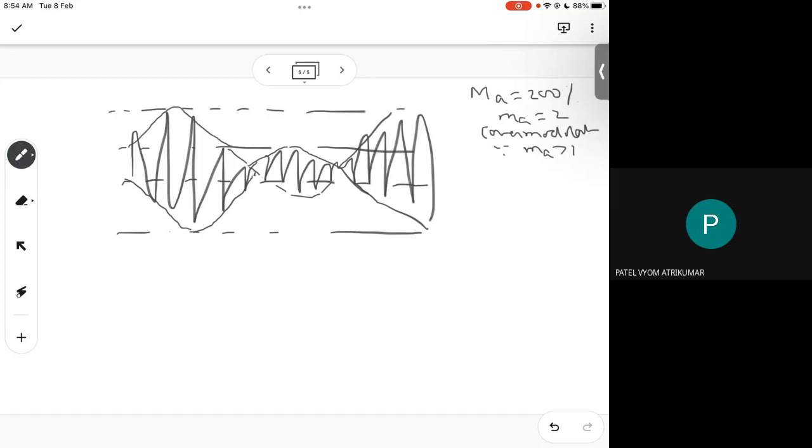So here it will be your V maximum, and this will be your V minimum. Slightly, I have to redraw this thing.